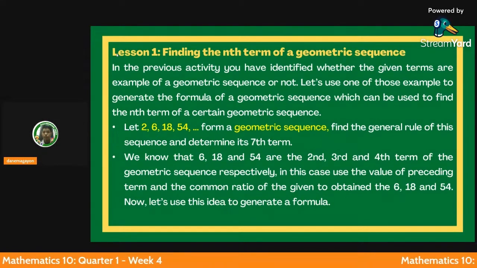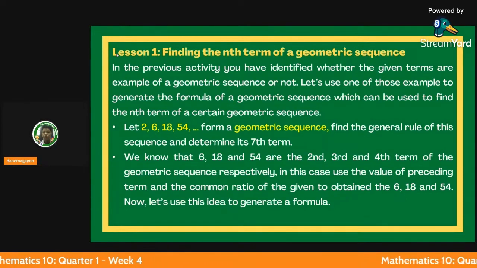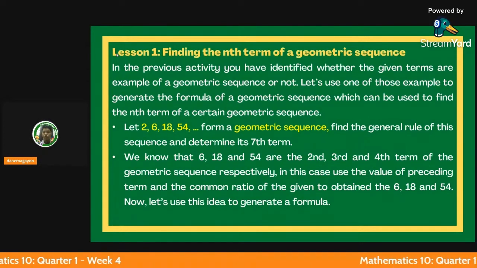So let us use one of the example to generate the formula for the geometric sequence, which can be used to find the end term of the certain geometric sequence. So like for example, we have 2, 6, 18, 54. It forms a geometric sequence. So find the rule of this sequence and determine its seventh term.